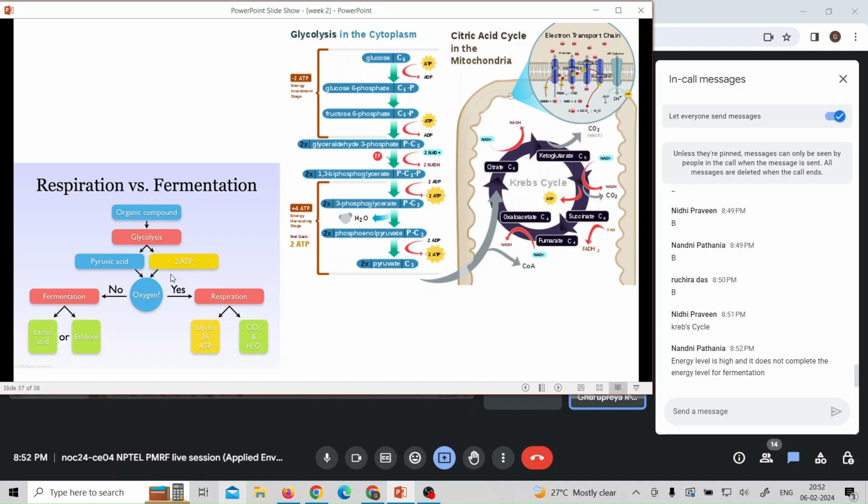So here I can explain this cycle. You need not worry about all the details in this cycle. Just one common thing for both respiration and fermentation is this step. First of all, glucose will have its conversion to pyruvate, and you can see there is a generation of ATP in this process.